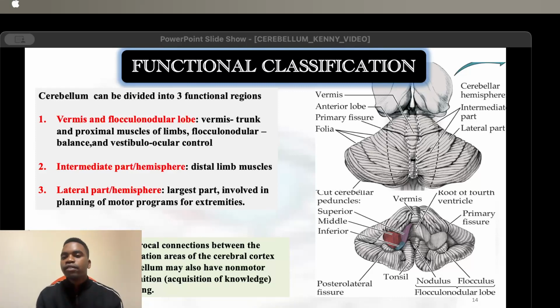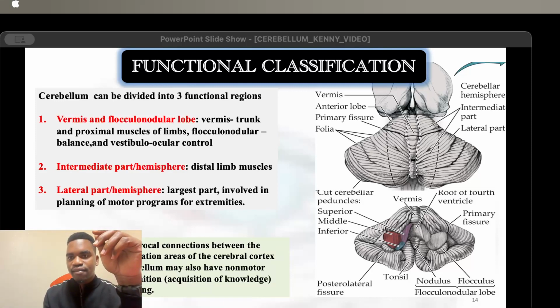So you see, you have the body of the butterfly. The body of the butterfly makes the vermis of the cerebellum. So the very first functional part of the cerebellum is the combination of the vermis and the flocculonodular lobe.